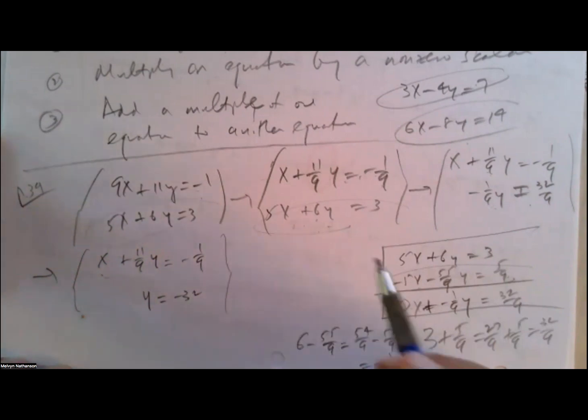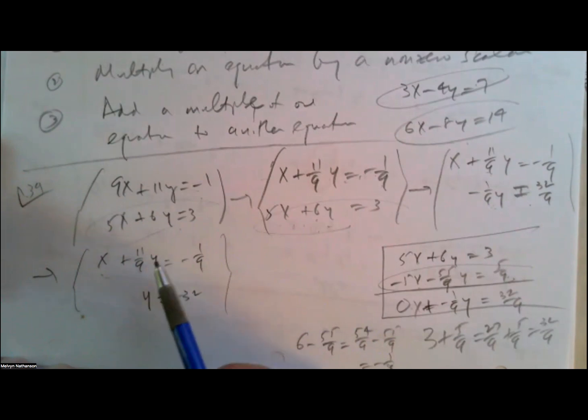So this equation, y equals -32. If I just plug -32 into this, I can solve for x.